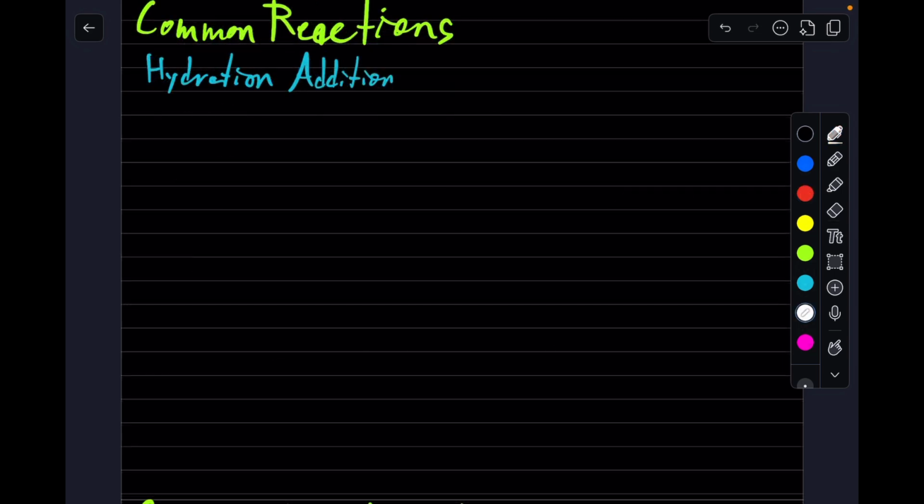The hydration addition reaction is an important reaction, and what it does, it essentially turns an alkene into an alcohol. So essentially, the general way it will look like is something like this.